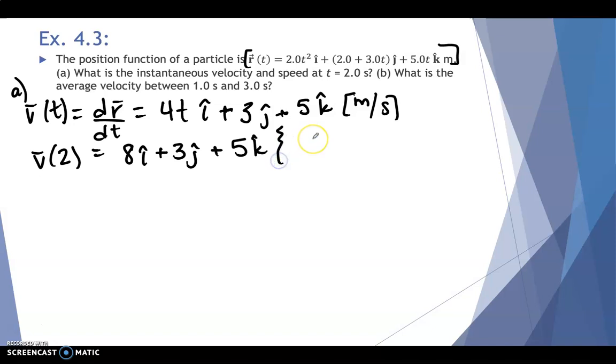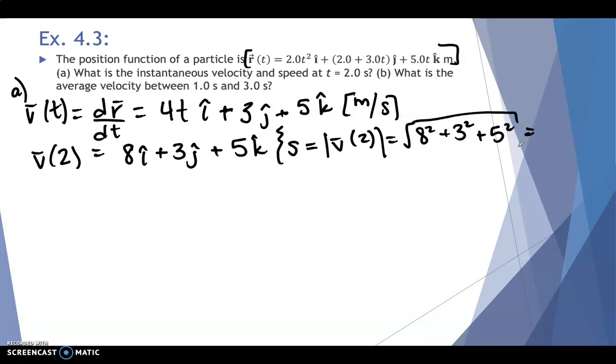Now it asks us for the speed as well. So the speed, I'm going to label it S, is really just the magnitude of the velocity, without the direction. So we'll take the square root of 8 squared plus 3 squared plus 5 squared.